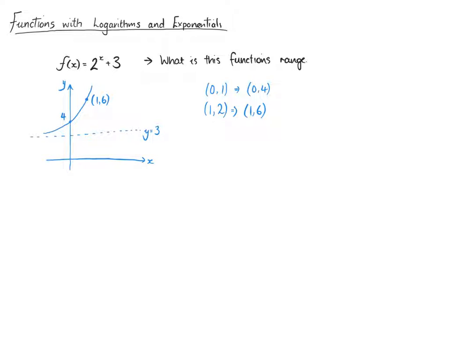So therefore we can say that the range of this function, so like the output of this function, only exists, like the only outputs that exist are greater than 3. So we can say for the range that y is a member of the real numbers. That's not the really important bit. The important bit is this next bit, which is just that y is greater than 3. So that's the range for that function.